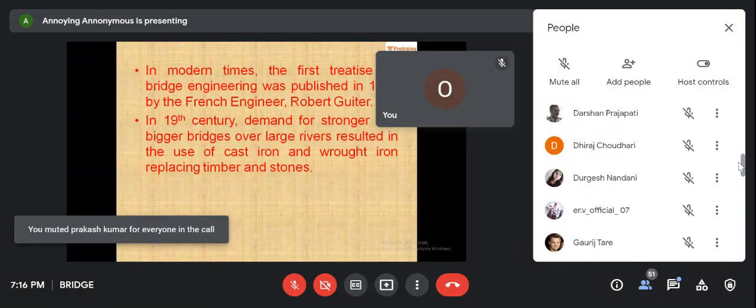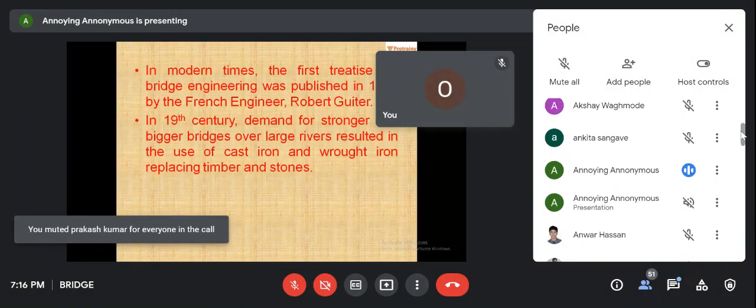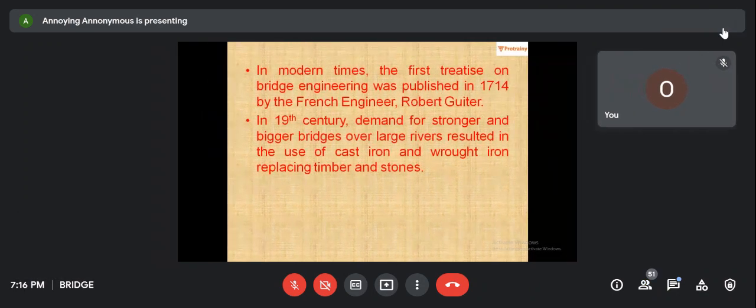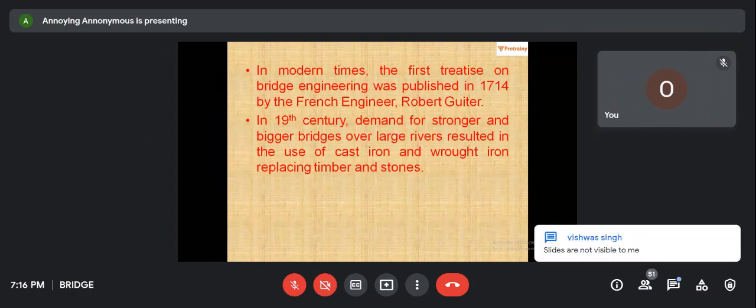And next, in the 19th century, with the advent of industrialization and again colonization, demand for stronger and bigger bridges over large rivers resulted in the use of cast iron and wrought iron replacing timber and stones.